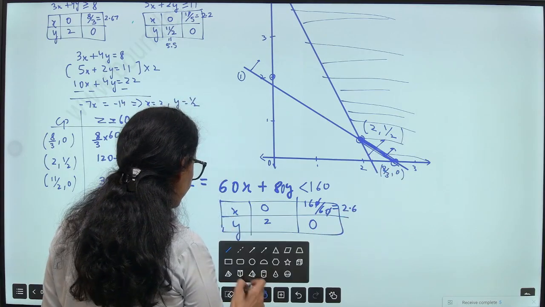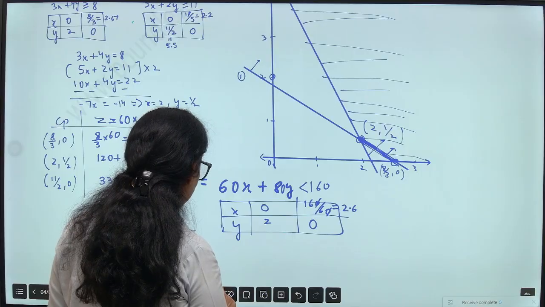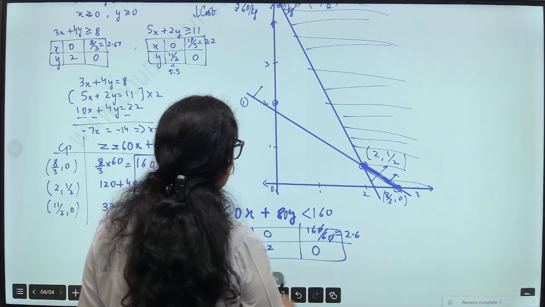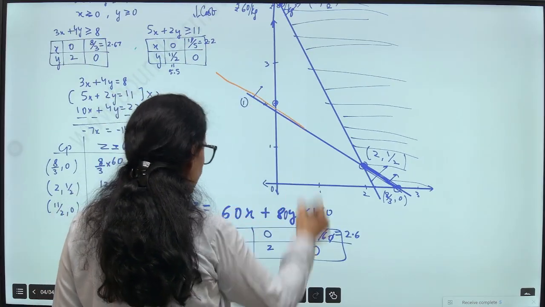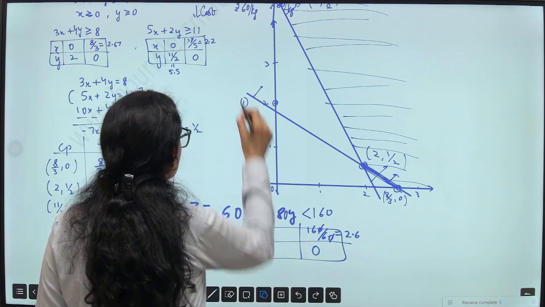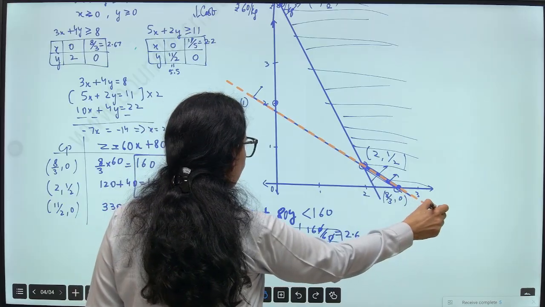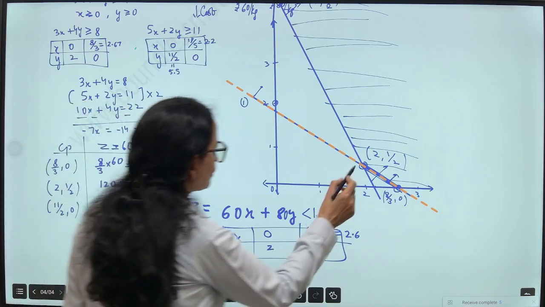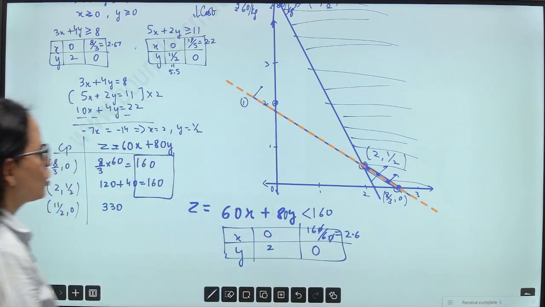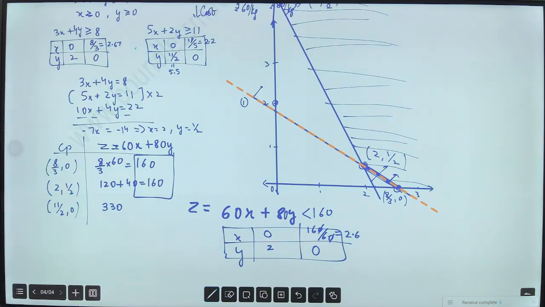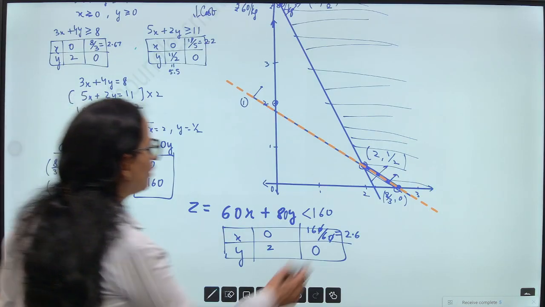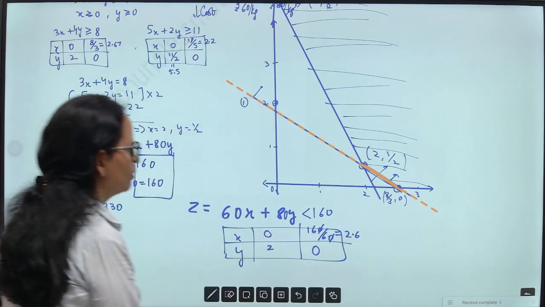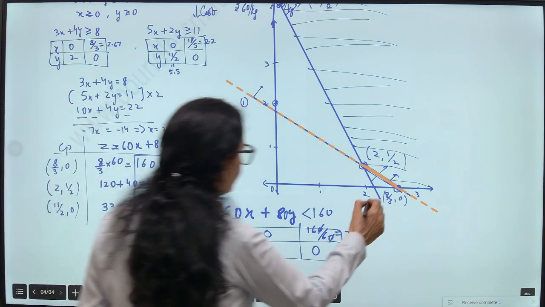So that means the graph of this objective function is now coinciding with one of the inequalities that we have plotted. It is coinciding with the first inequality. That means in this region it is not getting into the feasible region. So there is an optimum value 160, but there are infinite solutions on this line segment, the line segment AB.